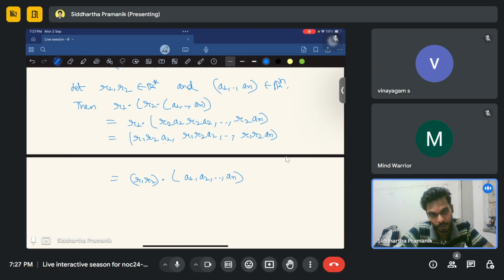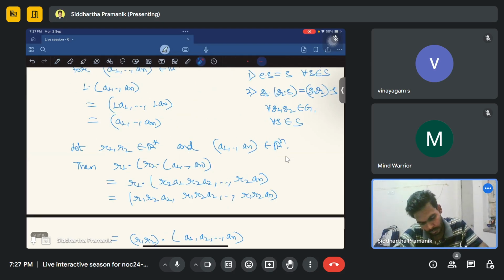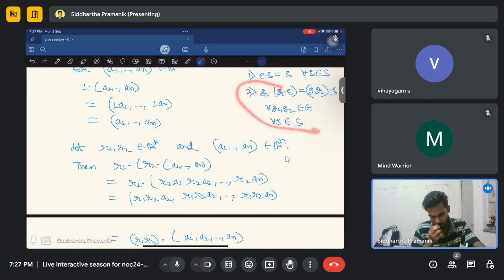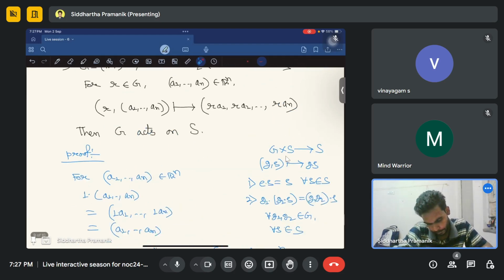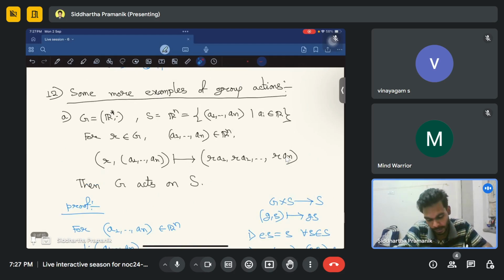So that is exactly what we need, right? This is the second axiom. So both of these axioms are satisfied. So this is a group action.